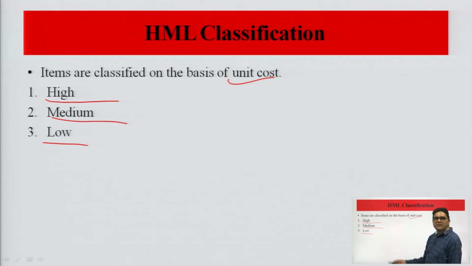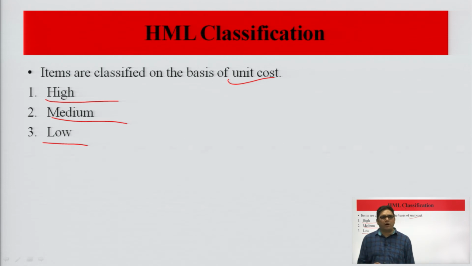Next, there are certain items whose price or individual cost is moderate, and they are not costing the organization much. And last, there are a few products having low cost within the total cost or total price.